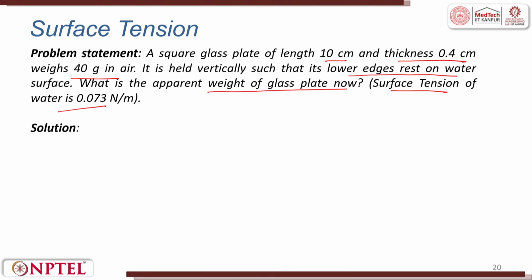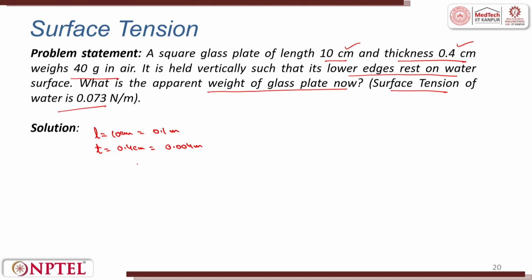It says the glass plate has this dimension, 10 centimeter length, 0.4 centimeter thickness. Let me put these values. L is equal to 10 centimeters, which is equal to 0.1 meter, and thickness is equal to 0.4 centimeter, which is equal to 0.004 meters, which is 4 millimeters.